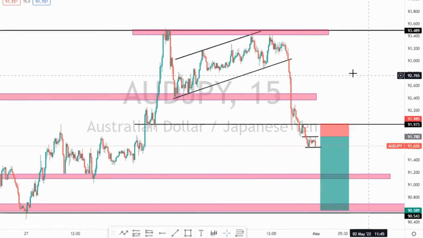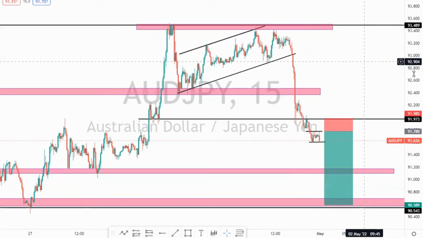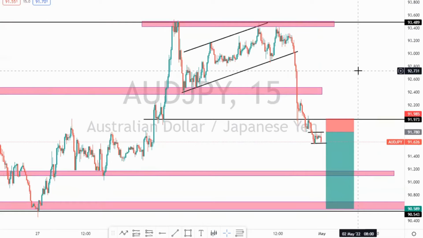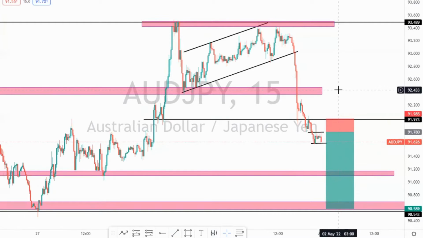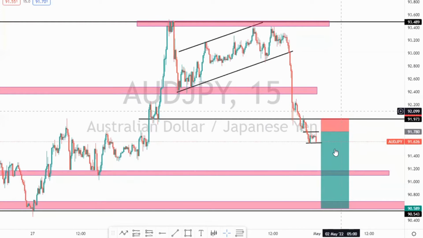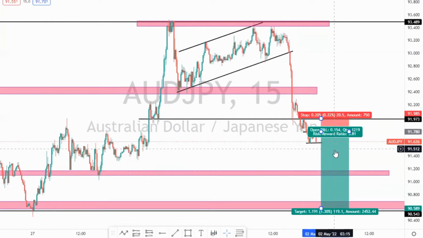So one thing that you can take or learn from this pair is that repetition will always be key. This pair actually presents the same patterns over and over again. You just have to spot what kind of patterns it presents, right? So for AUDJPY, I'll be looking for selling opportunities.